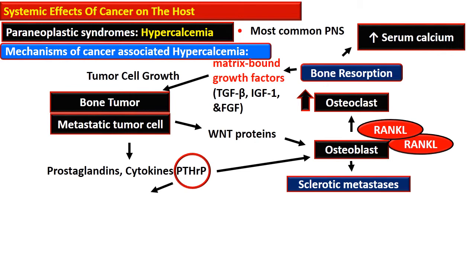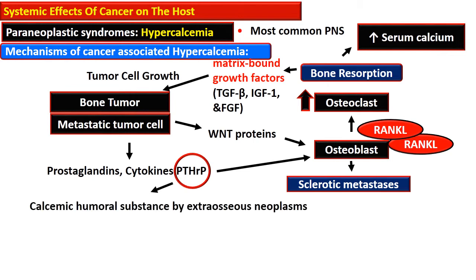The next mechanism we are going to discuss is actually considered the paraneoplastic syndrome mechanism of the hypercalcemia, in which there is liberation of parathyroid hormone related peptide, and this parathyroid hormone related peptide is considered as a calcemic humoral substance released by extraosseous neoplasm. So this substance is released by neoplasms that are not within the bone or related to the bone.